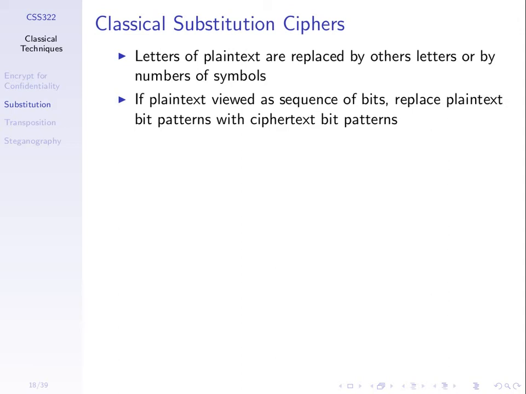Classical substitution ciphers. We think of the plain text as made up of letters. We will use English language as the examples, but in general it can be any language. Any plain text that we can represent with a particular character set.